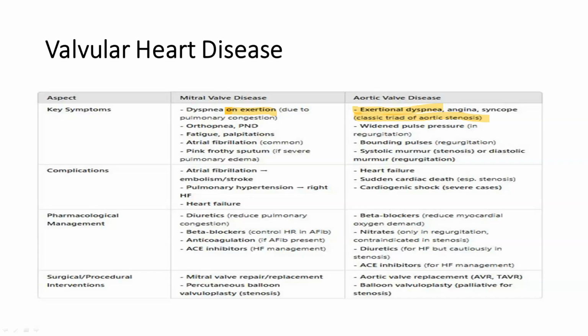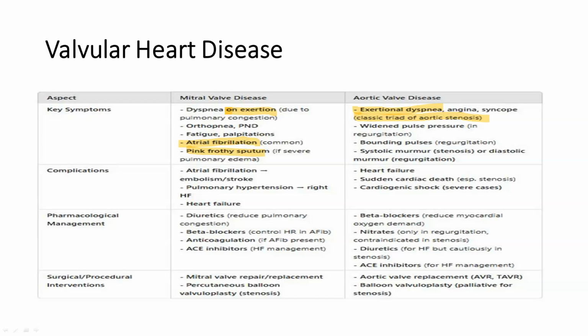For our dyspnea in mitral valve heart disease, they throw in orthopnea, paroxysmal nocturnal dyspnea, fatigue, palpitations, arrhythmias, AFib, and pink frothy sputum, which is going to relate to that fluid accumulation.